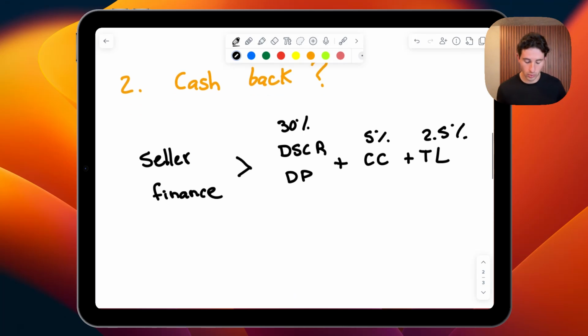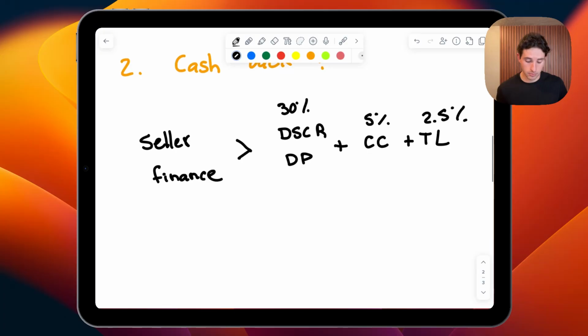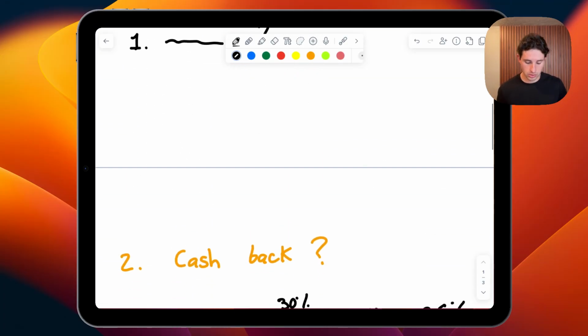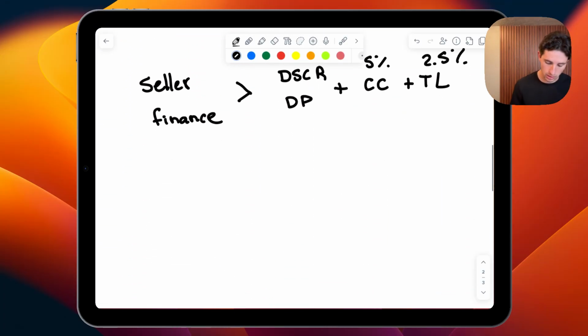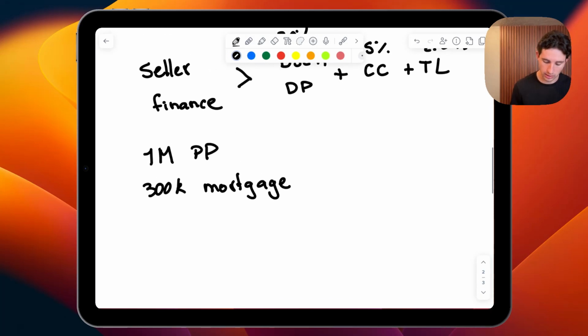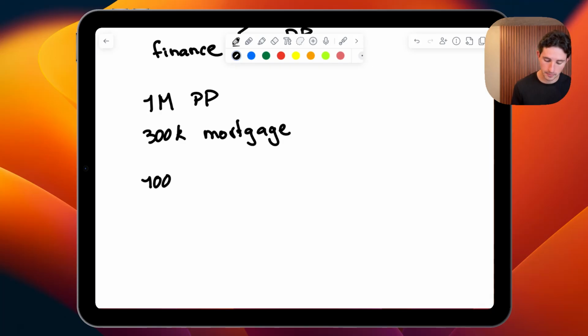Let's say for example in this situation, $1 million purchase price, they owe 300,000 on their mortgage, and the seller wants 100k down payment net at closing.